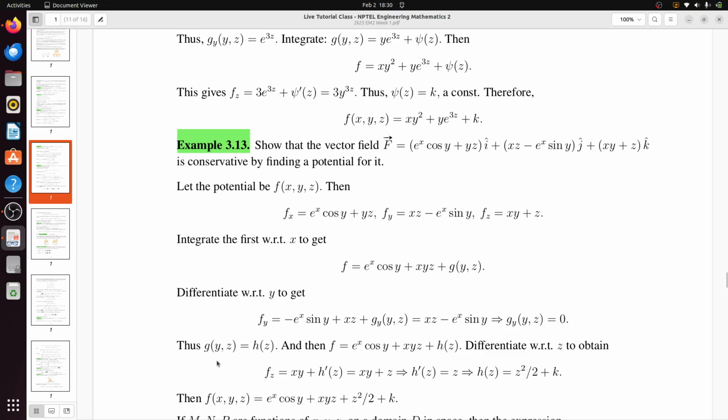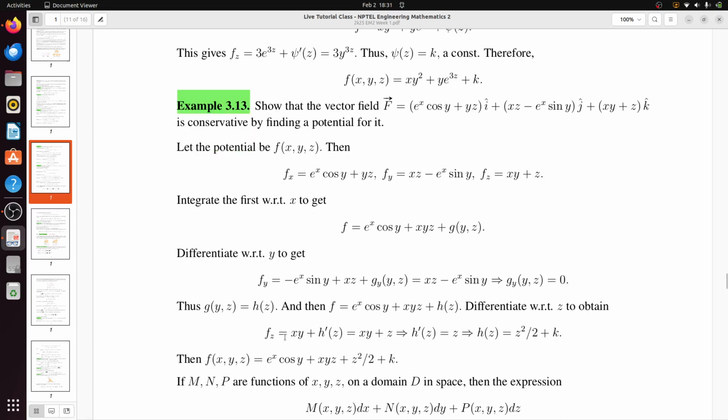Next you consider g(y,z) as h(z). If you consider g(y,z) equal to h(z), then your f becomes e^x cos y + xyz + h(z). Now you differentiate with respect to z. You obtain f_z equal to xy + dh/dz, and this is equal to, from here, xy + z.